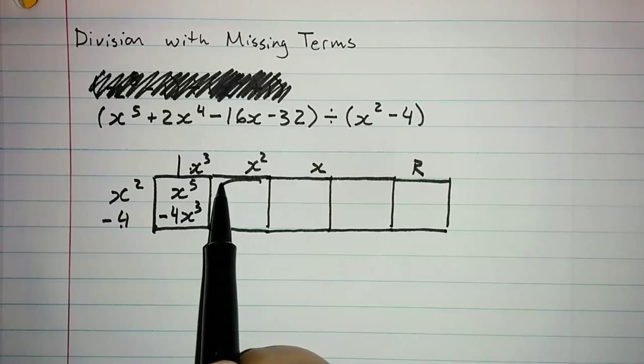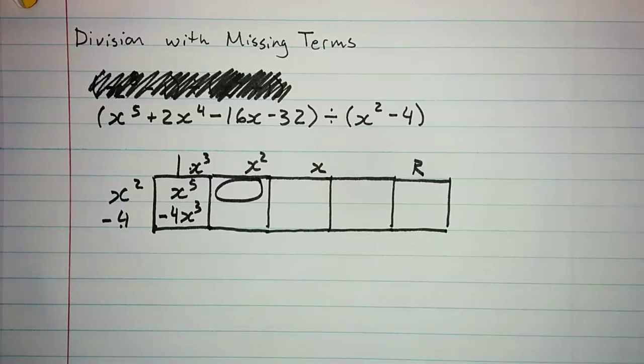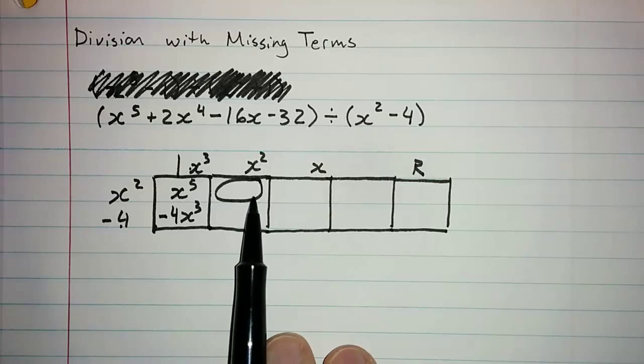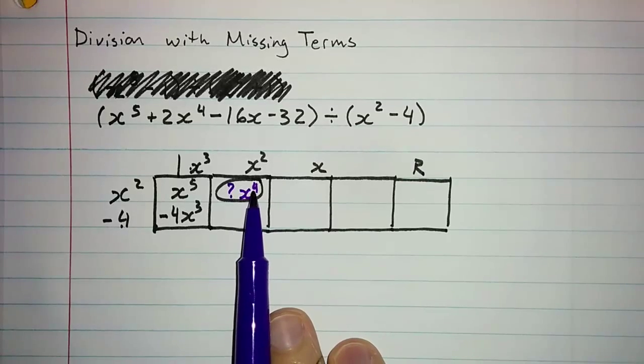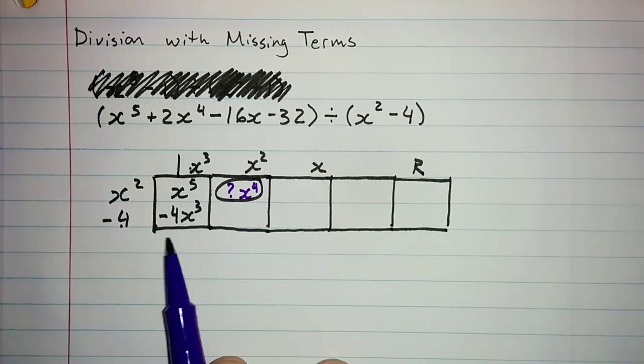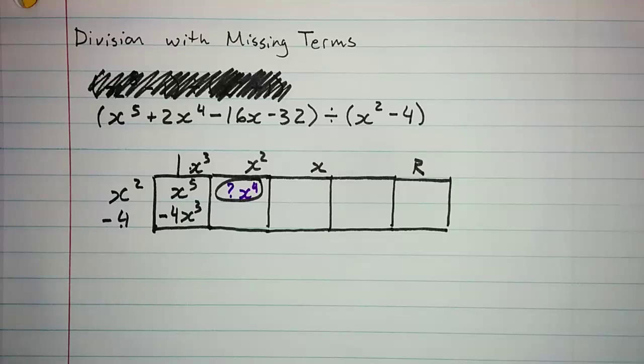But up here, I'm going to be writing some sort of an x to the fourth term, because I'll have x squared times x squared. This violates our expectation that we'll have like terms down the diagonals. How can we get around this?